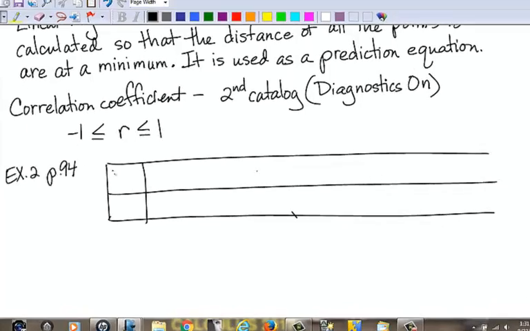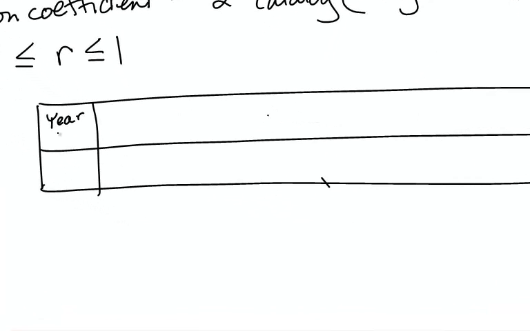So we're talking about the year of birth and their life expectancy. You can abbreviate that.